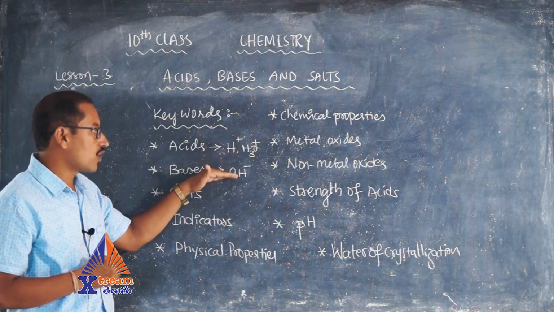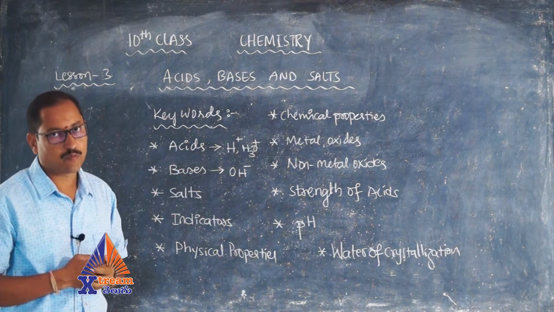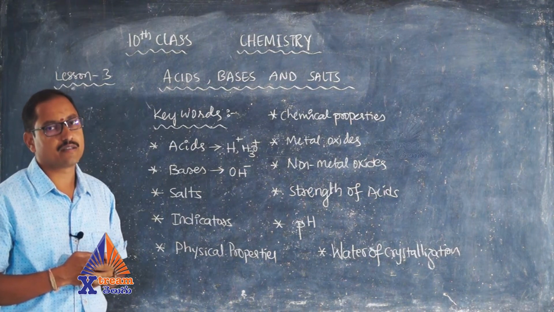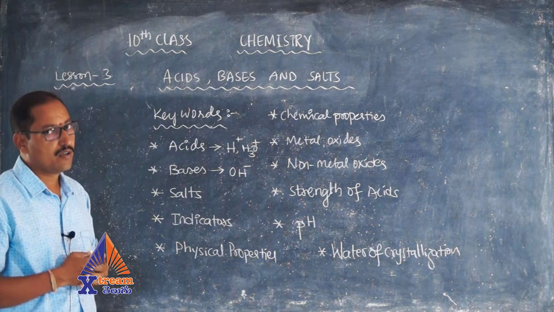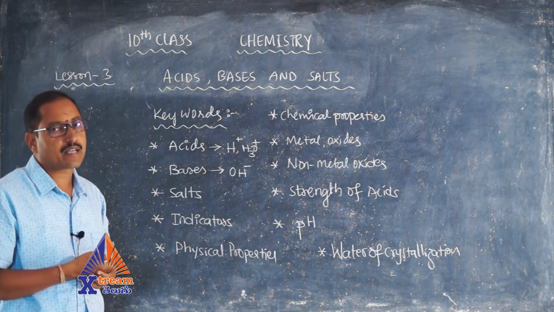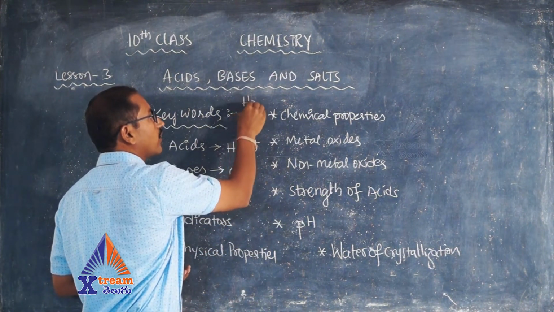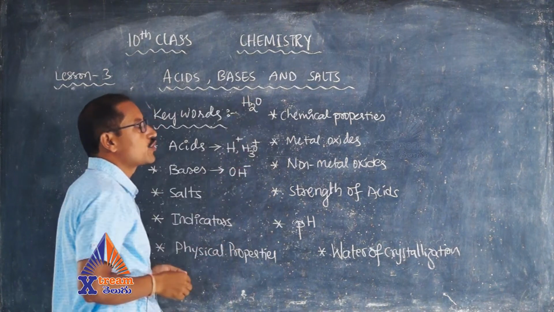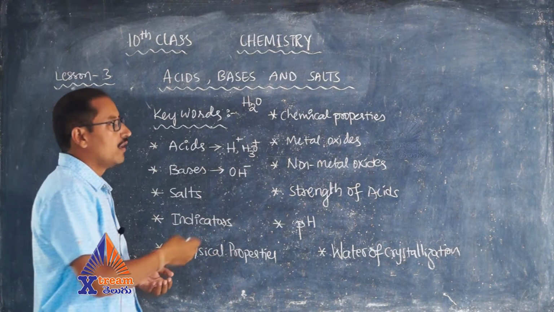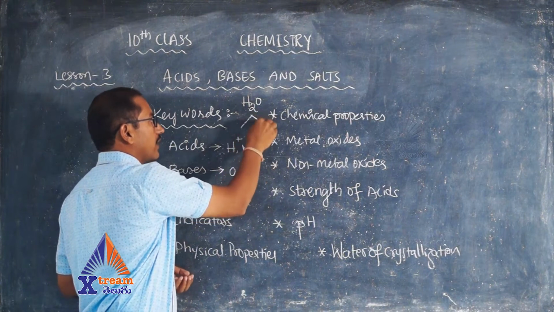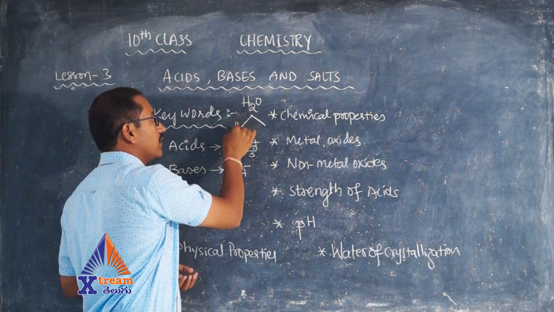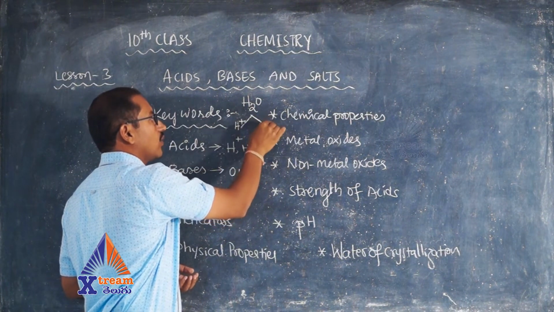These H+ or OH- ions, where can we see these ions? Or from where can we obtain these ions? Let us try to understand. If you consider water molecule, which is H2O, this H2O can be divided into H+ and OH-.